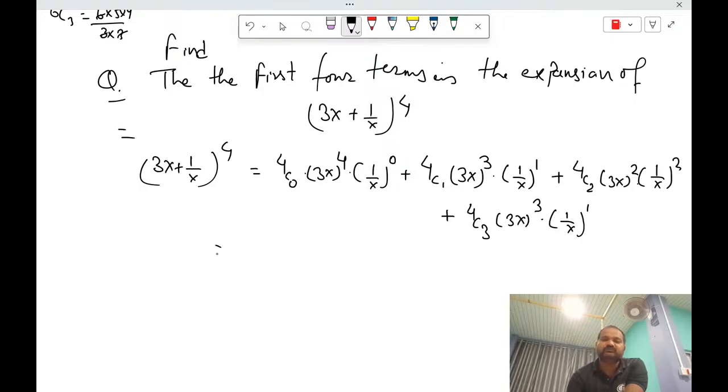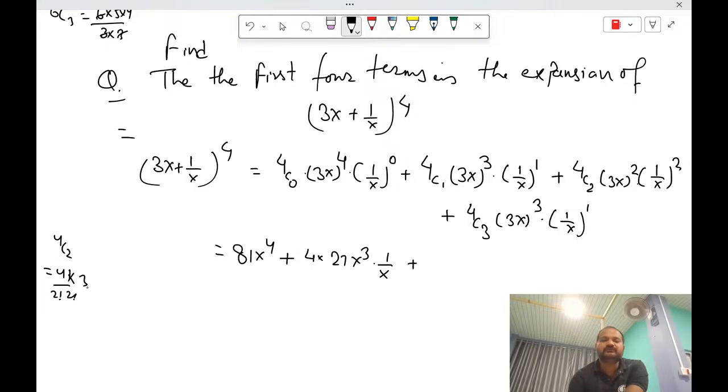So 4c0 will be 1 and 1 by x to the power 0 will be 1, so it will be 3 to the power 4, that is 81 x to the power 4, plus 4c1, which is 4, into 27x cube into 1 by x, plus 4c2. Its value is 4 factorial by 2 factorial 2 factorial.